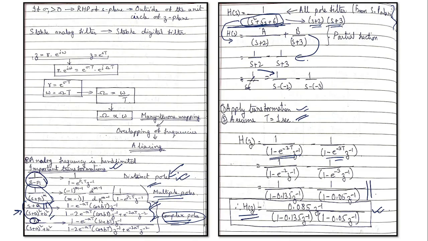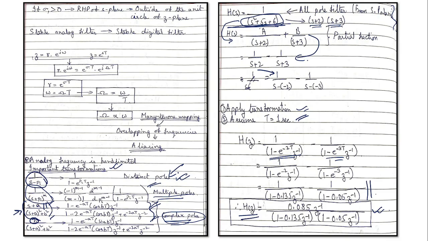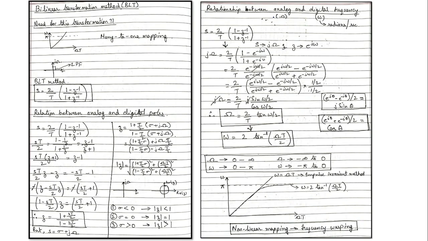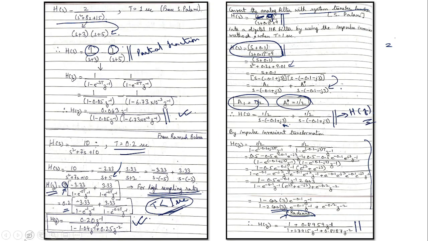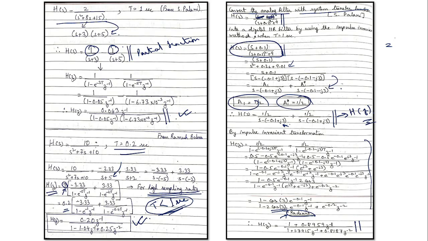However, if it would have been only b, suppose if I give it as b divided by (s plus 0.1) whole square plus 9, then in that case, this fourth equation would apply, with b square being 9, so this would be 3, because b square is 3 square.